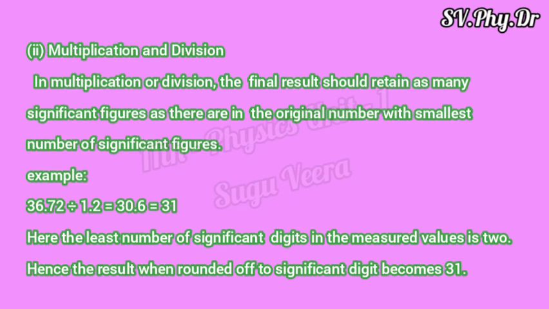For example, 36.72 into 1.2 is equal to 30.6. Here the least number of significant digits in the measured value is 2. So it is rounded off to 31. Hence the result when rounded off to significant digits becomes 31.